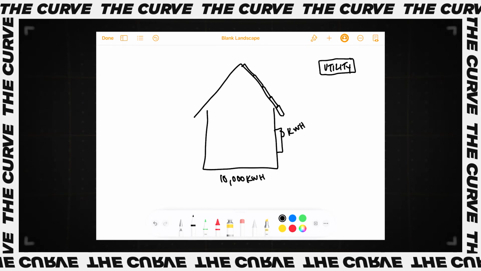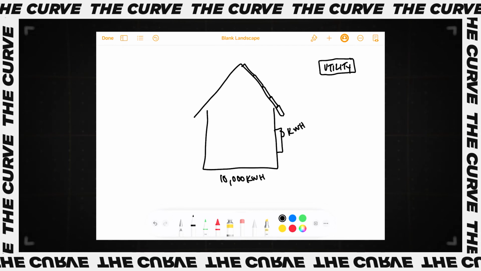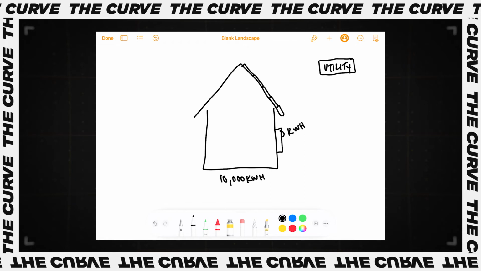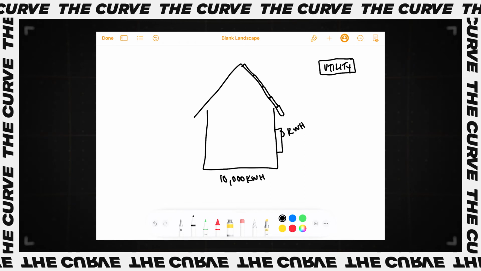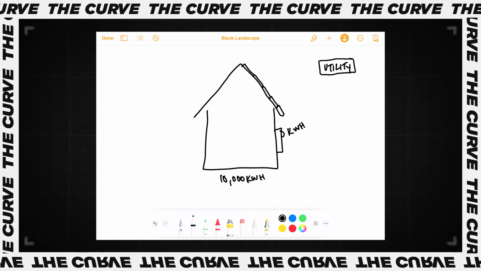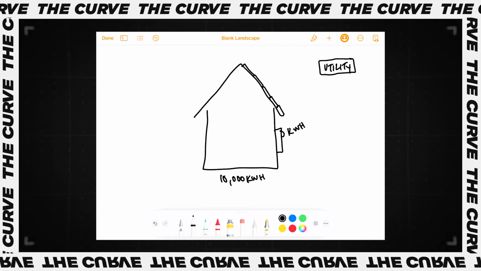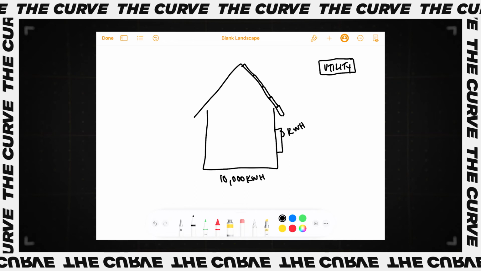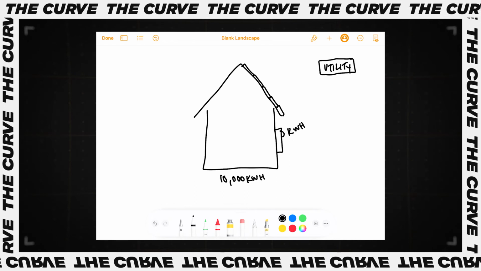So there's no need for them to actually have a battery in their home unless they want to. So the way that I explain net metering to customers is that there's going to be times during the day or times during the summer months when it's really, really hot and their panels are creating a ton of energy. And it's actually more energy than they're using at the given time.